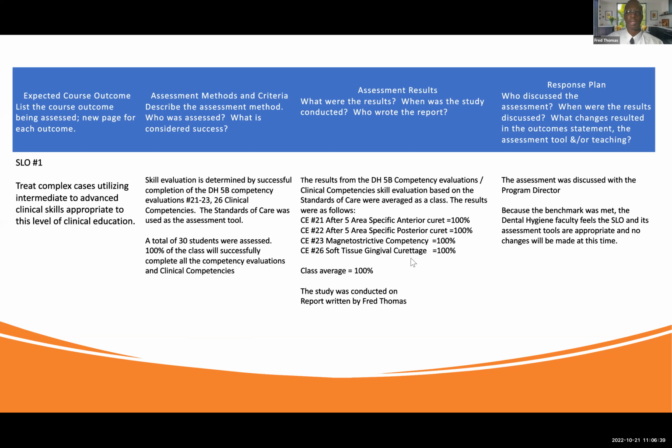A first-year student has not learned that or had that type of complex patient. Power instrumentation competency is an advanced instrumentation, and the same thing with these two here, the area-specific anterior curette and posterior curette. They're both advanced instrumentations, instruments that are used on complex patients.